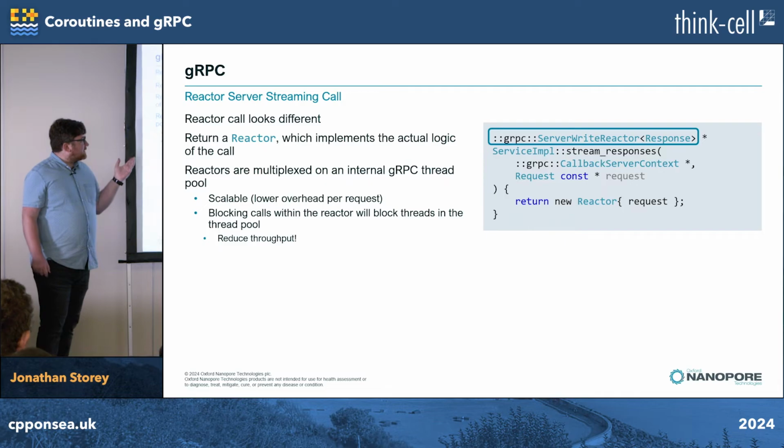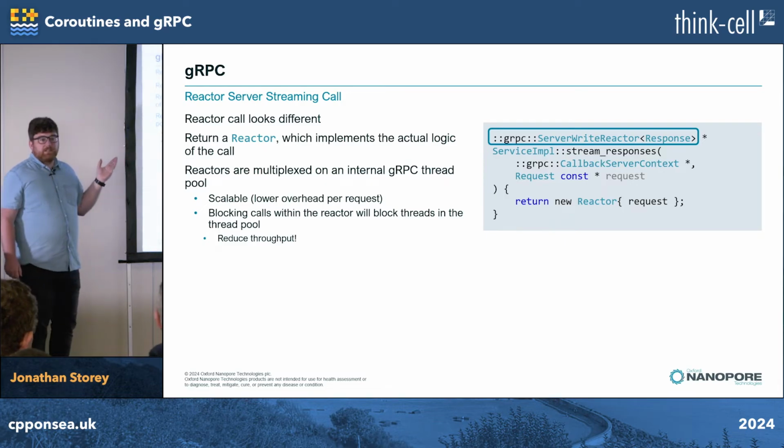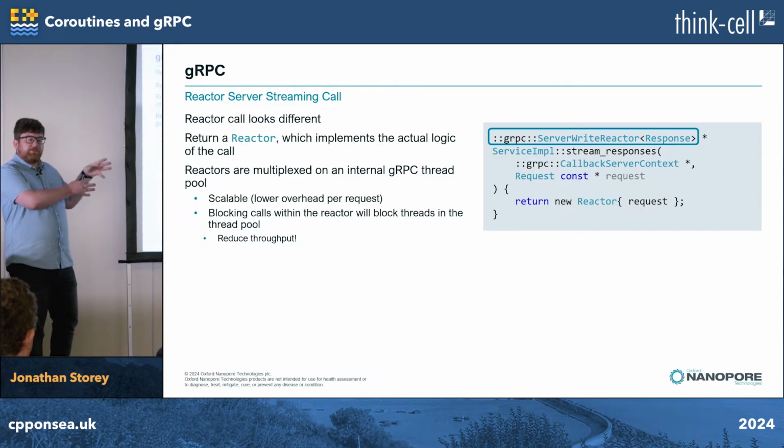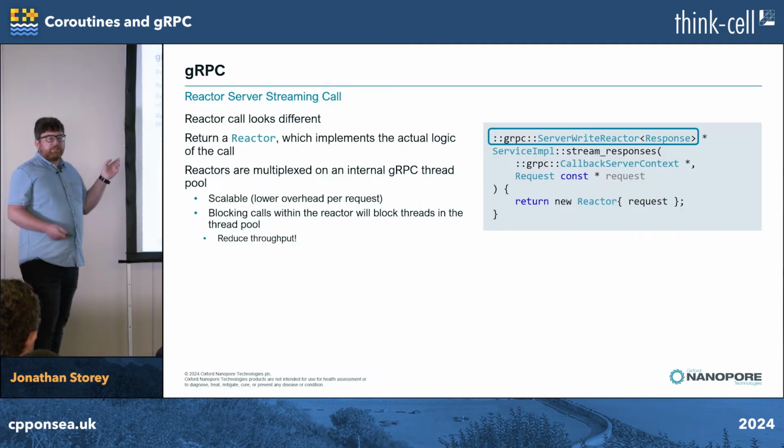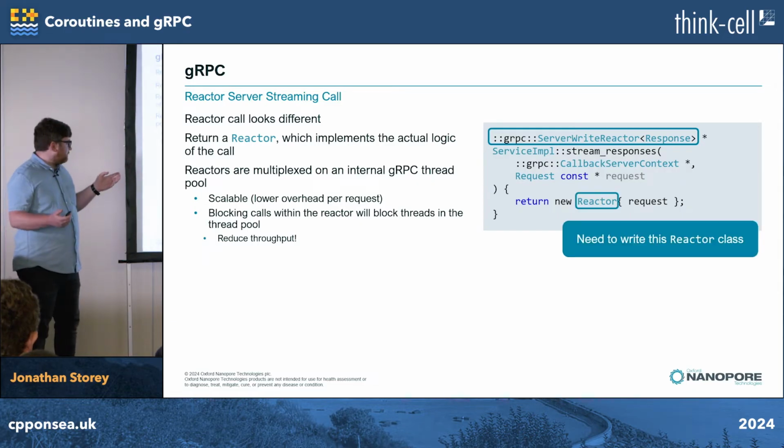Reactor is multiplexed on an internal gRPC thread pool. So that's similar to the execution that we saw before. It's scalable, and again, like we said, you don't want to have blocking functions inside your reactor, because that'll block the gRPC thread pool and hurt your throughput.